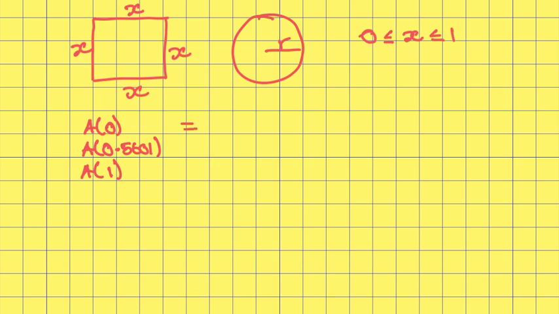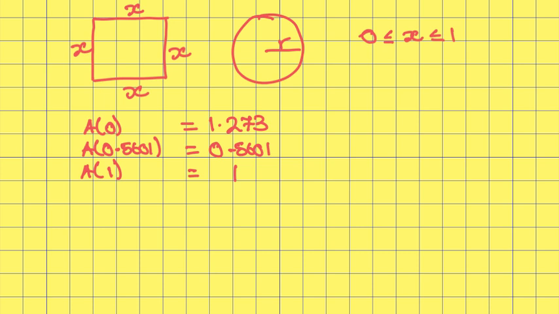A(0) is equal to 1.273. A(0.5601) is actually equal to 0.5601, and A(1) is equal to 1. That means that the greatest area is if we use none of the wire for the square.